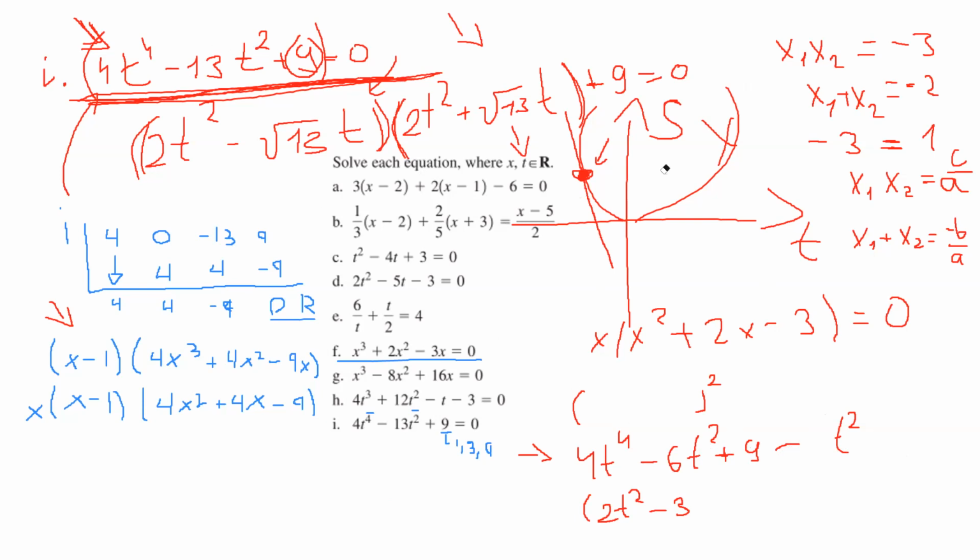So here, if we have 12, which is 2 times 2 times 3, right? And here we have subtract t squared. Now we can write this as 2t squared subtract 3, subtract t squared equals 0. Right?